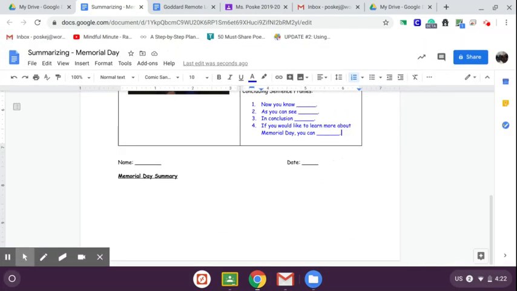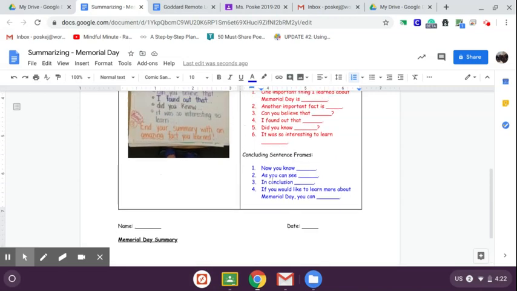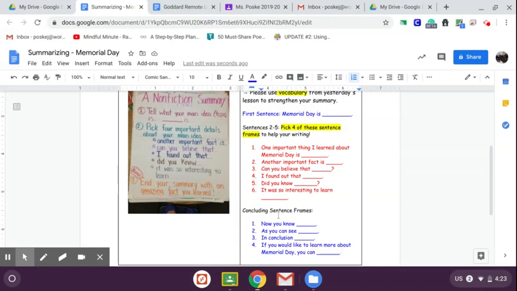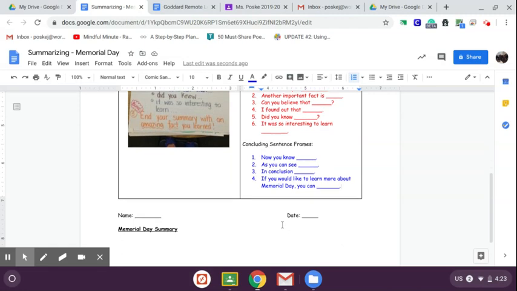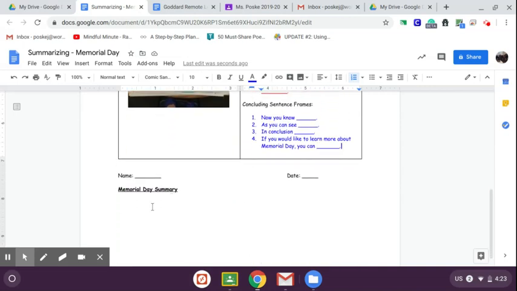So here's the fun part now. Here's where you're going to start writing. I put your name and today's date. You're going to work in this document, and it's helpful to work in because your sentence frames are already here for you. So if you forget, oh, my first sentence, this is what I'm going to put: Memorial Day is blank.